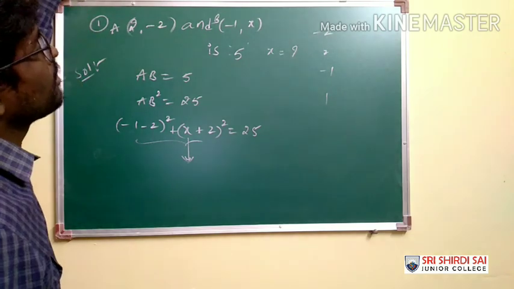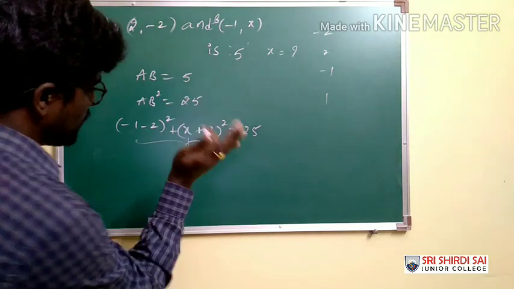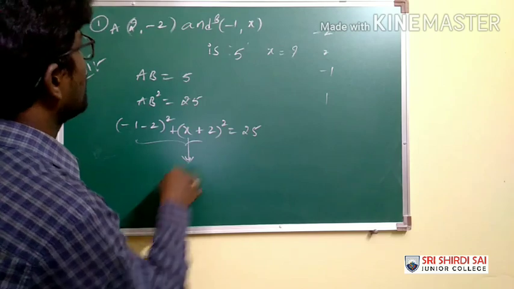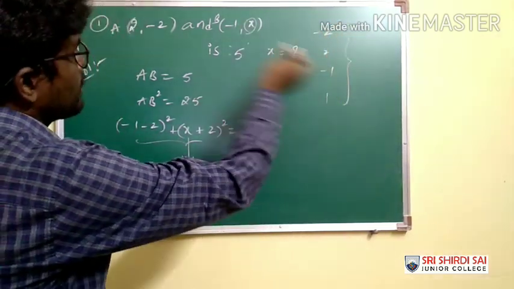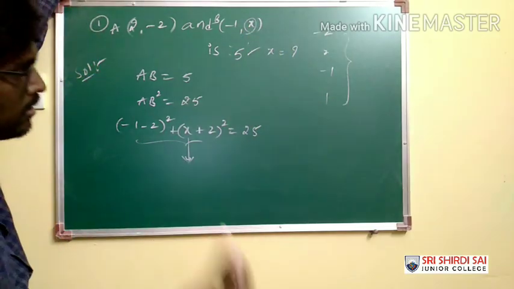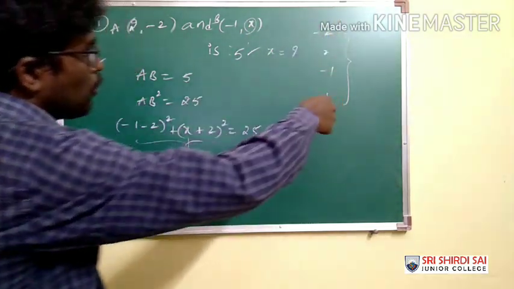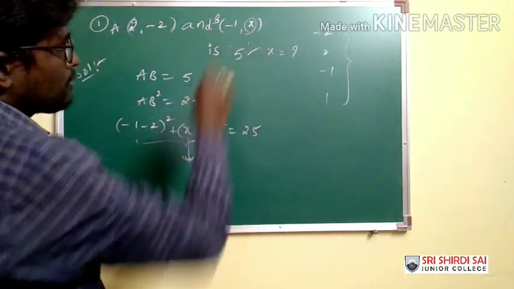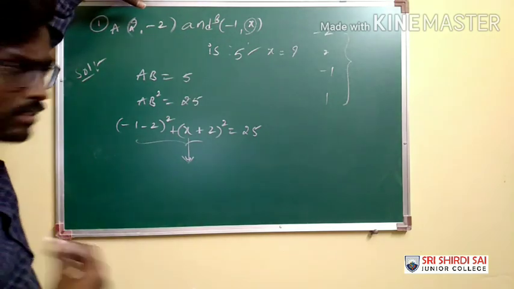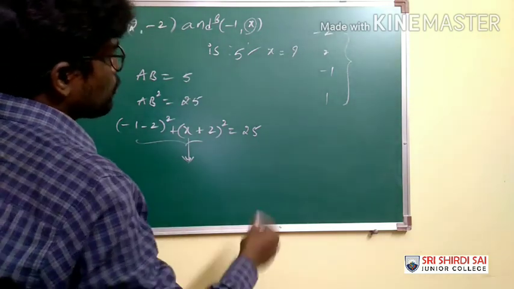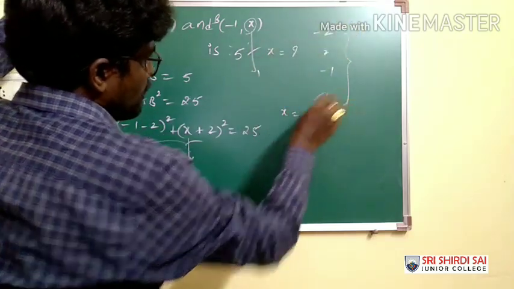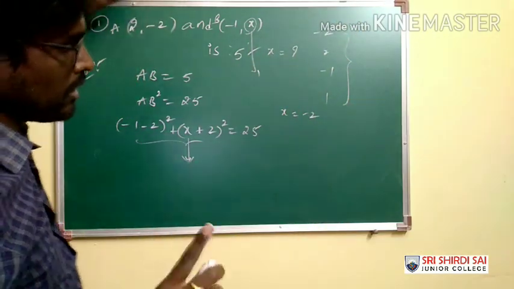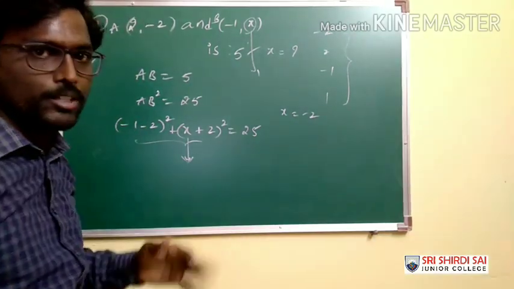But after getting this equation, or directly by replacing x with any of these values, you can just take the distance and check for which of the four inputs we get the distance as 5 units. That's enough to test. Suppose I take x equal to -2 as the first option. The calculation should be very fast because you are on the competitive track.